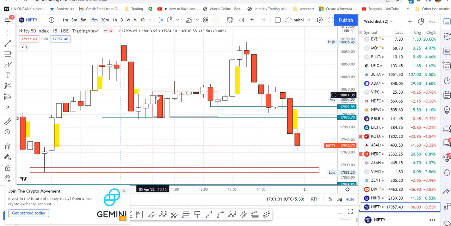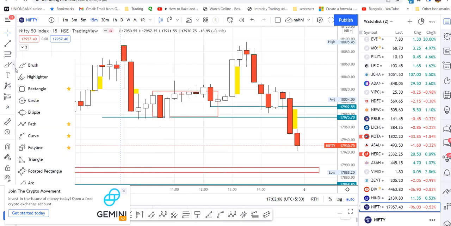And later, you can see a big red candle coming, they sold off to the level of 17,961.0. So what did they do? They trapped all these buyers. When they trap all these buyers, usually I look for a buying opportunity.